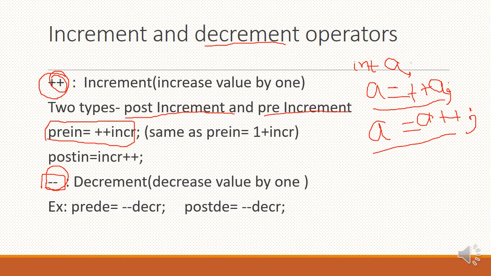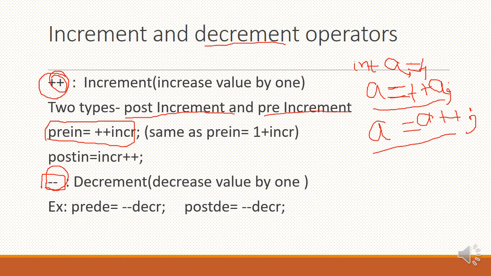Here suppose I have given a = 4. This operator is the assignment operator, which assigns values, as you studied in the assignment operator. Whatever is on the right side is assigned to this variable.